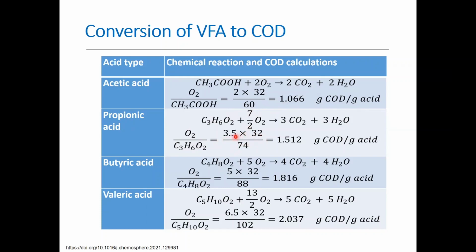Similarly for propionic acid, we need 3.5 moles of oxygen to oxidize 1 mole of propionic acid, and after calculation, we get 1.512 gram COD per gram of propionic acid. For butyric acid, the same thing. We need 5 moles of oxygen to oxidize 1 mole of butyric acid, and this finally translates into 1.816 gram COD per gram of butyric acid.